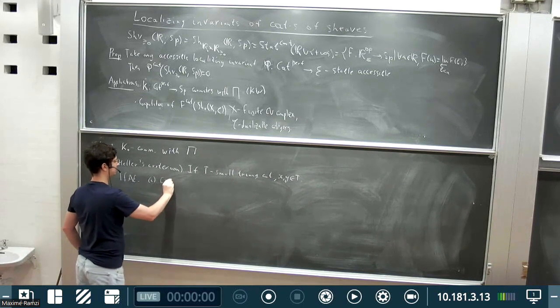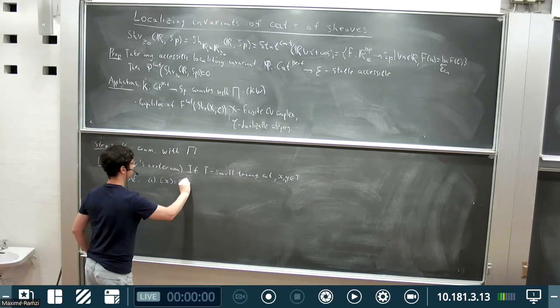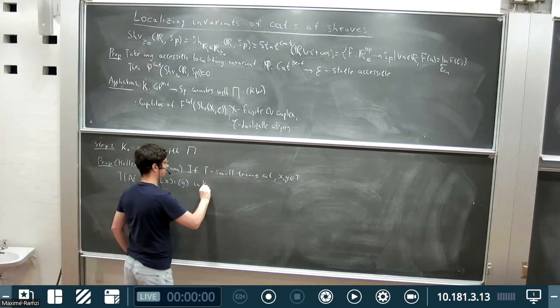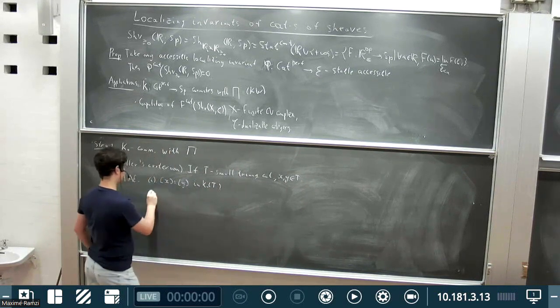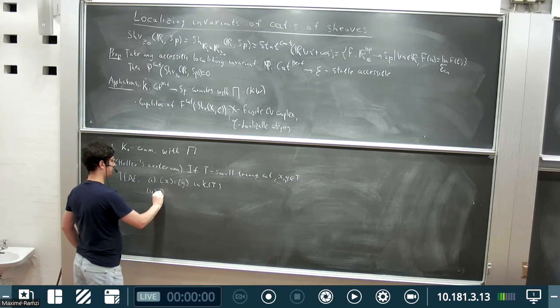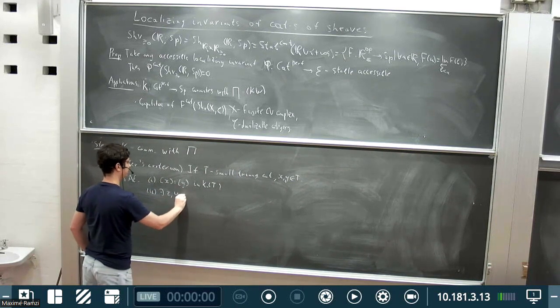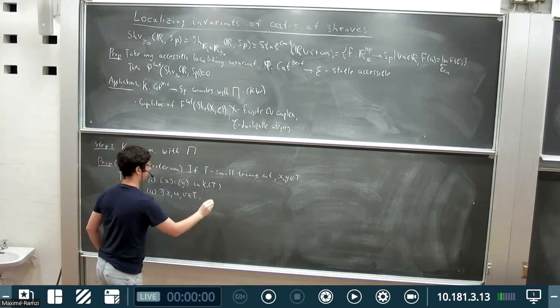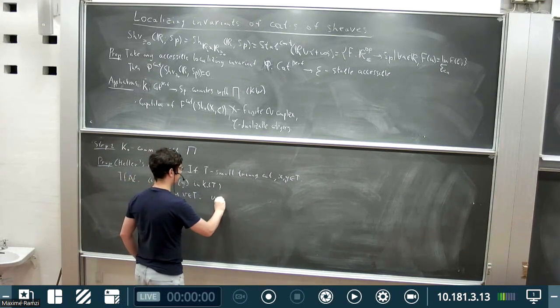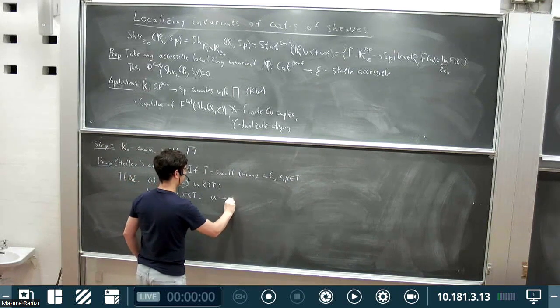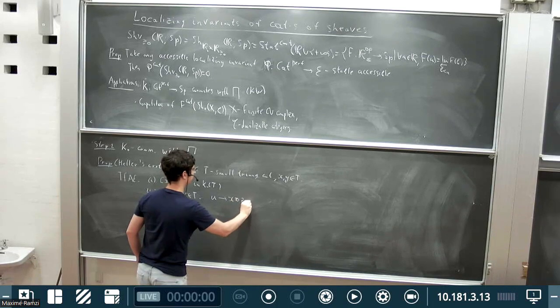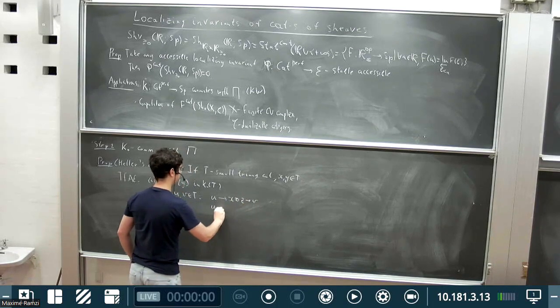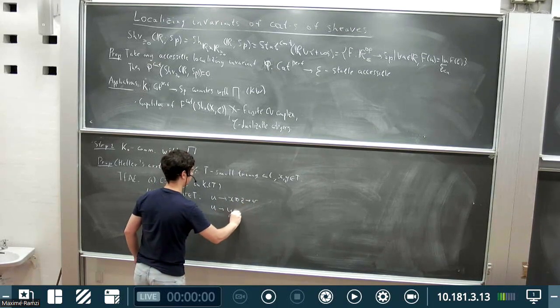Their classes are equal in K0, and there exist some Z, U, V in T, such that there exist exact triangles U, x plus Z, V, and U, y plus Z, V.